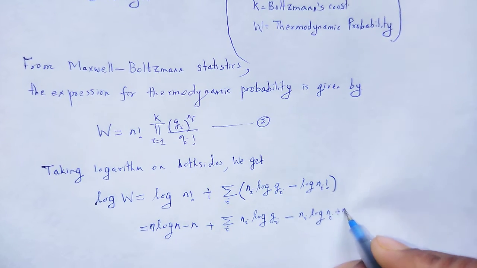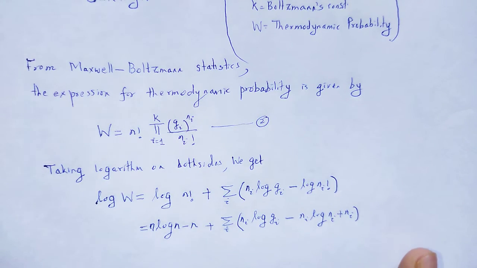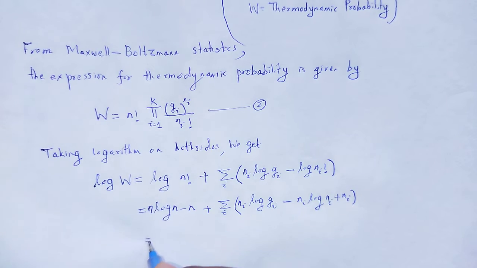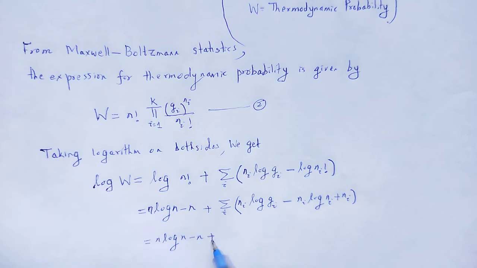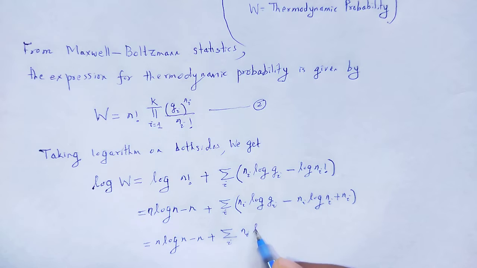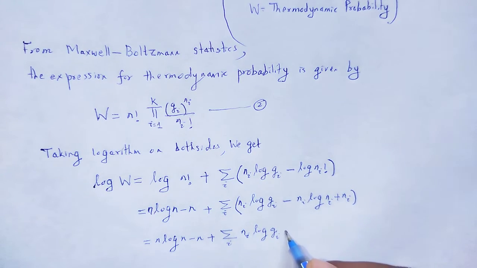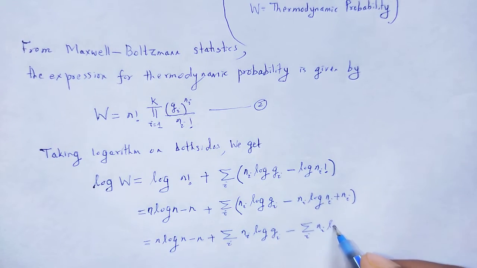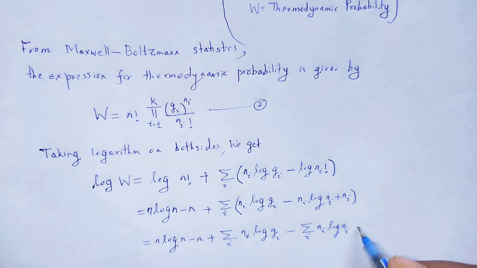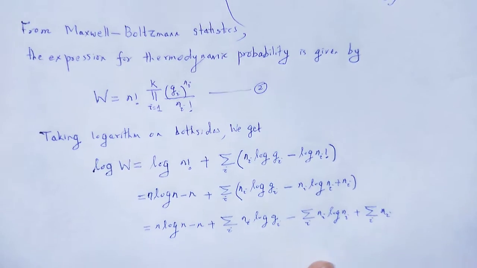This is equal to n log n minus n plus summation over i ni log gi minus summation over i ni log ni plus summation over i ni.